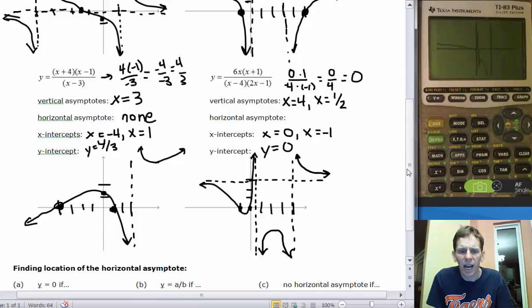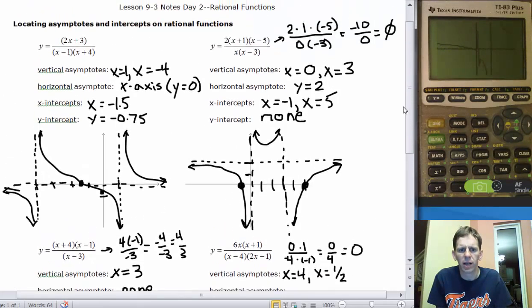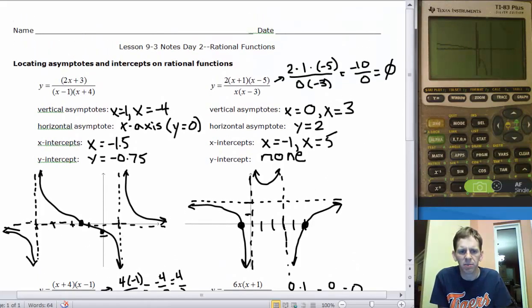Now if you're wondering, how do you know where these asymptotes are, other than kind of estimating by the graph? Here's how we know. Our first graph had a horizontal asymptote that was the x-axis. And the reason that the x-axis was the asymptote was because if you were to multiply out the numerator and denominator, we have a total of 1x up at the top. The degree of the numerator is 1.